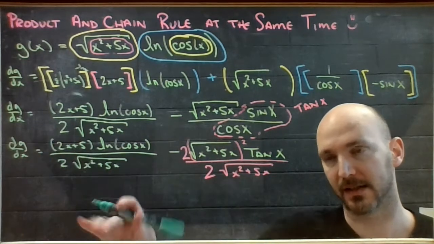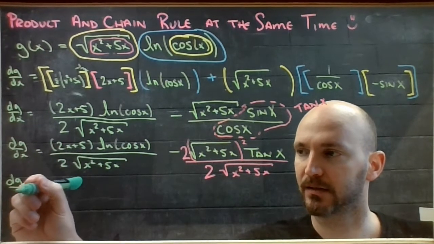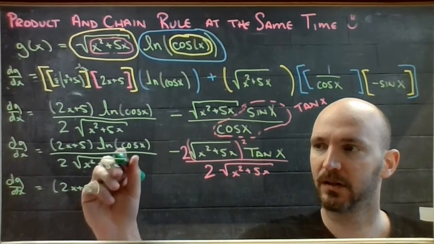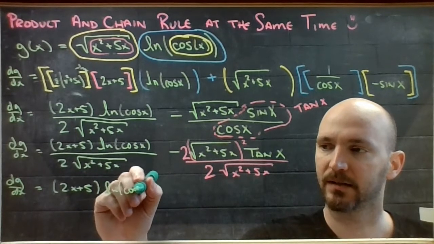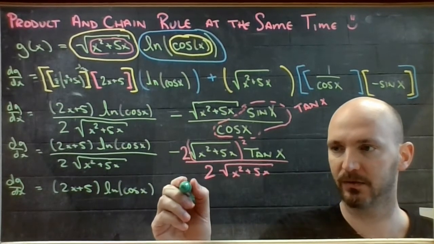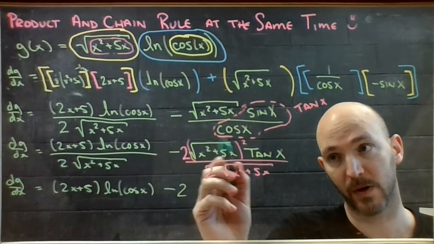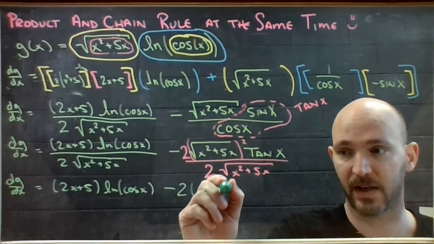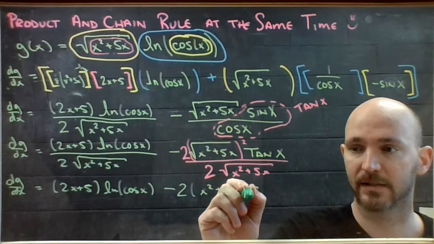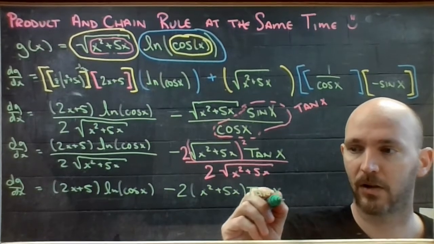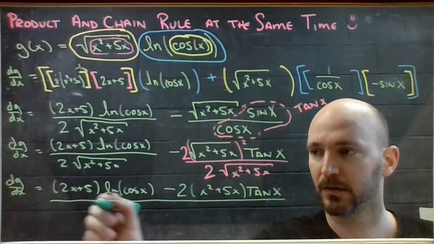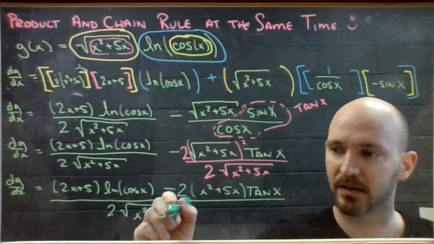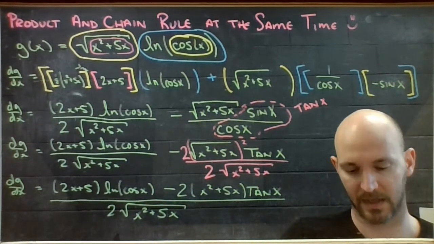Now I'm going to write all this as a single fraction. dg by dx is 2x plus 5, the ln of cos x, minus 2. Square root squared is undone. So I'm left with x squared plus 5x here, tan x, all over top of 2 square root of x squared plus 5x. And I'm going to wager that that's as simplified as it gets.